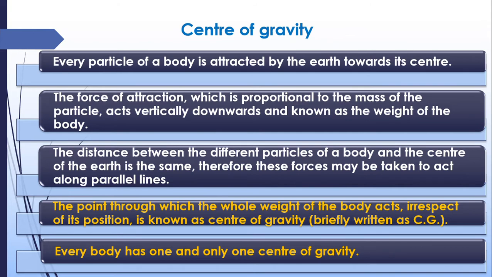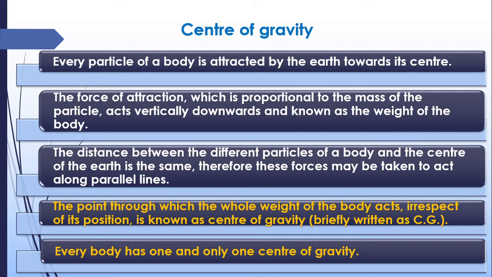You all know that every particle or body is attracted by the earth towards its center, right? So everything is attracted towards the earth through its center. We are assuming that the entire weight of the body is concentrated at a particular point. If a body has a weight of W, we are assuming that the weight W will be acting at a single point.